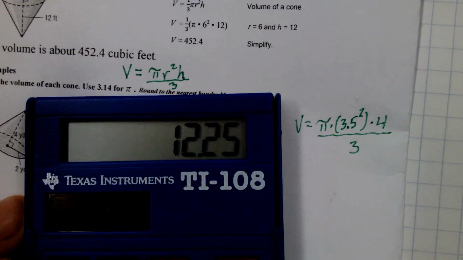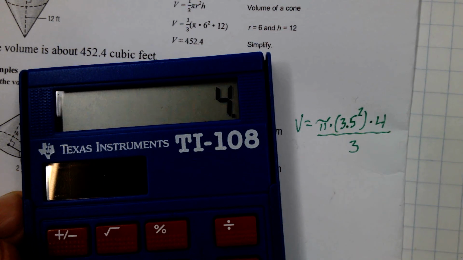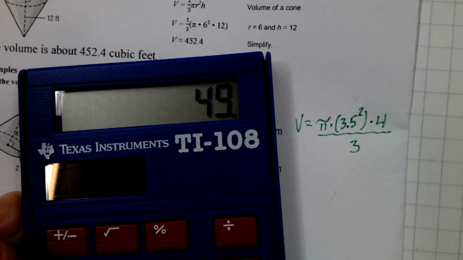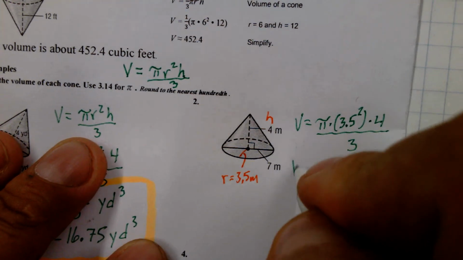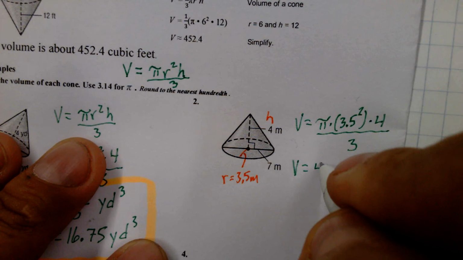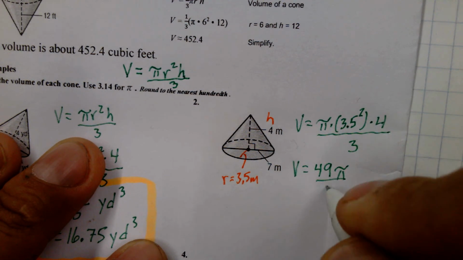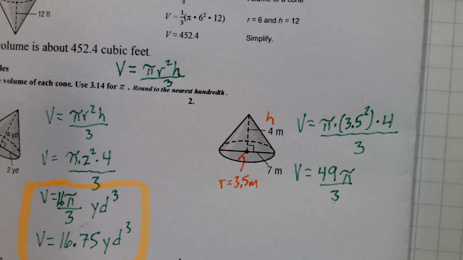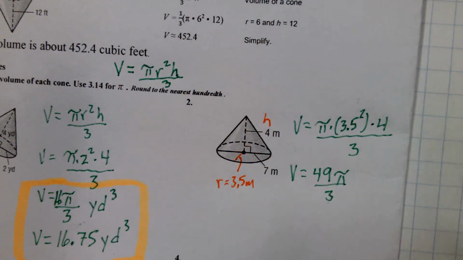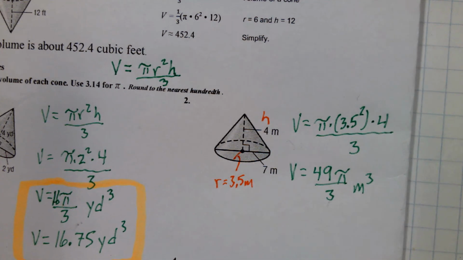Well, 12.25, that's 3.5 squared times 4, I get 49. So let me write the answer as 49 pi thirds. So leave it as 49 pi over 3. This is the exact answer, so this is cubic meters.